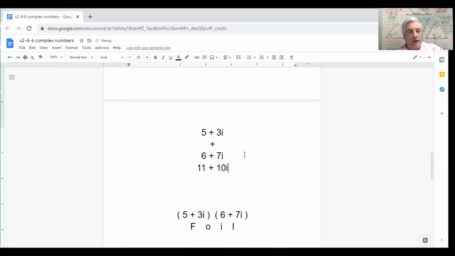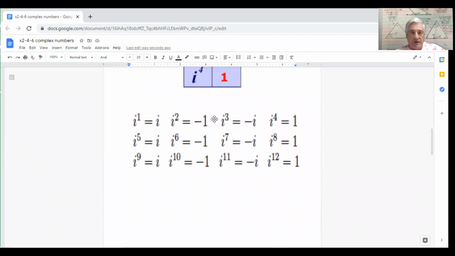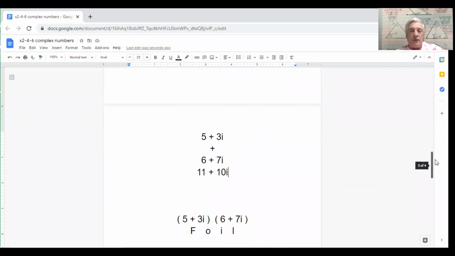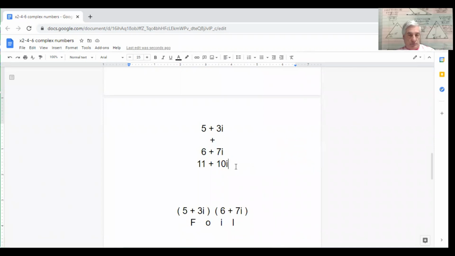And once again, we can figure out what 10i is. 4 divided into 10 has a remainder of 2. If it has a remainder of 2, it becomes -1. But this would be the same thing as 11 plus 10i.